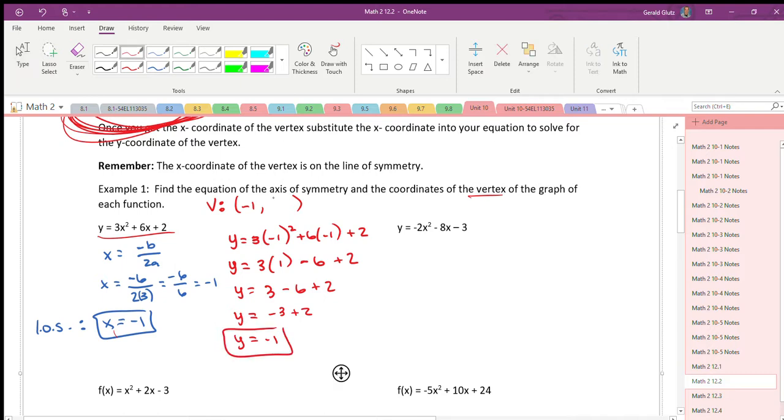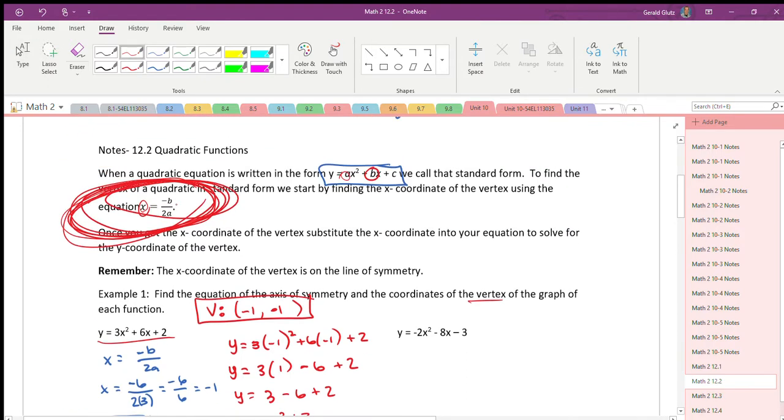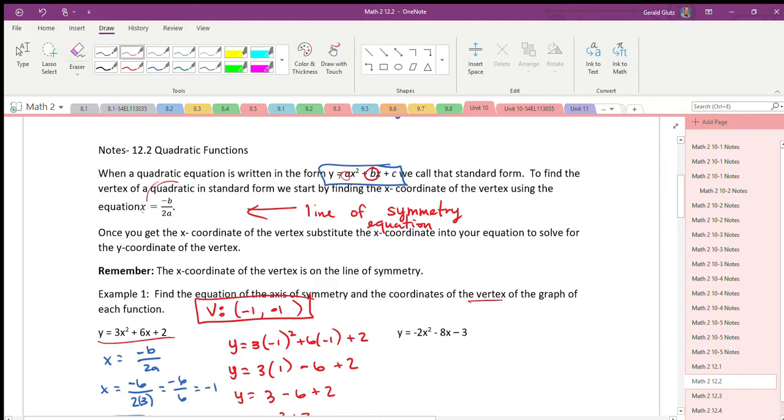That means the y value of the vertex is negative 1, and that's how you find the y value of the vertex. Again, this thing right here is very important. This is the line of symmetry equation. So make sure you remember this little equation.